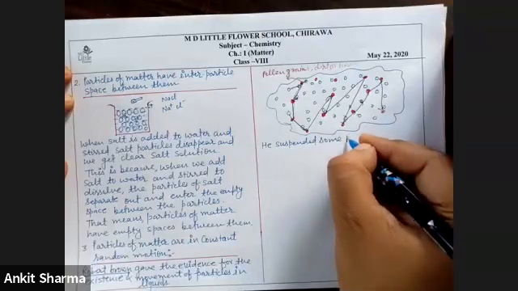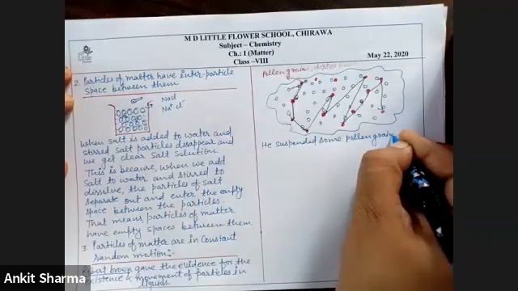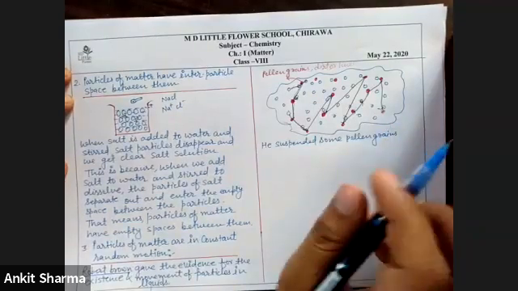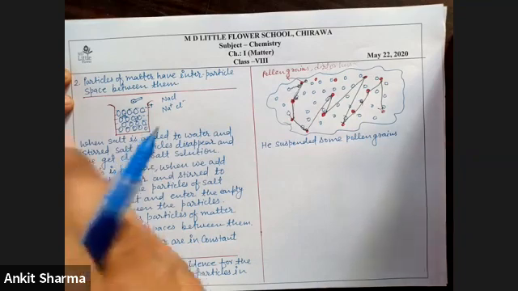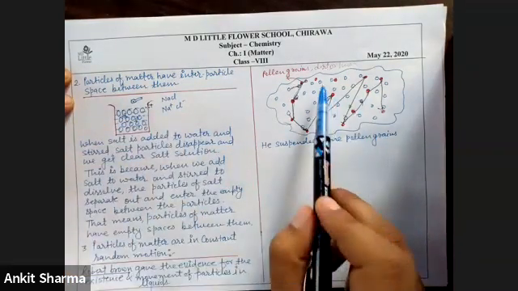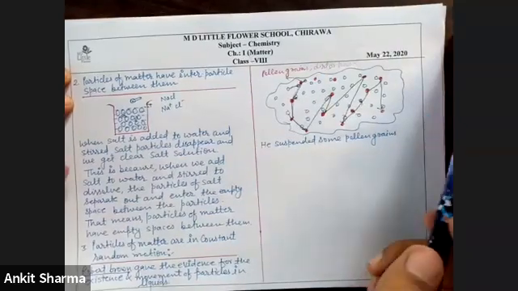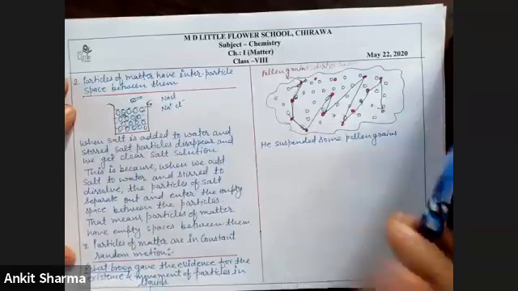Some pollen grains. Okay, pollen grains means the pollen of the any flower. Okay, any grain, or you can choose another substance here, like some dirt particles. Okay, anything which is lighter than water. Okay, pollen grains in water.